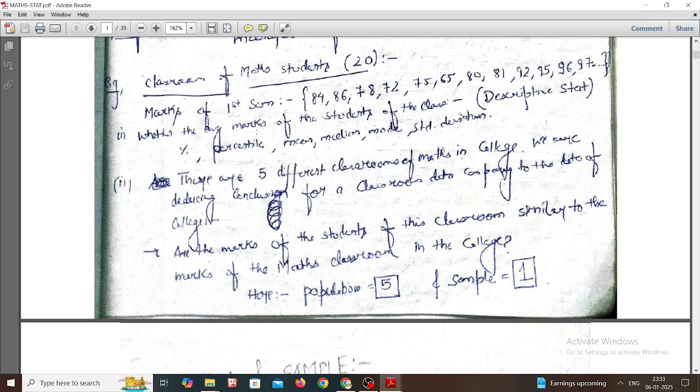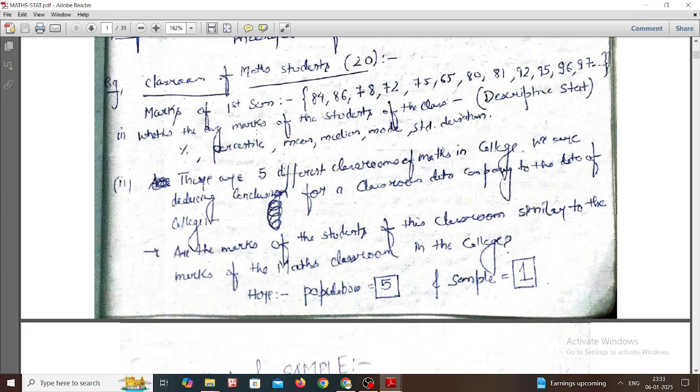What will we do? We will sum up all 20 marks, one for each student, and then divide it by the total number of the population, that is 20.